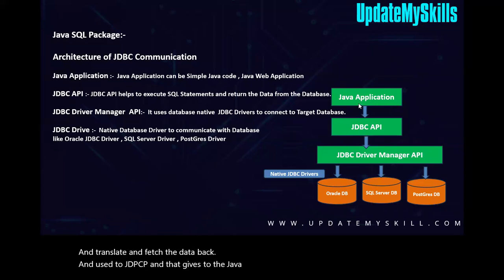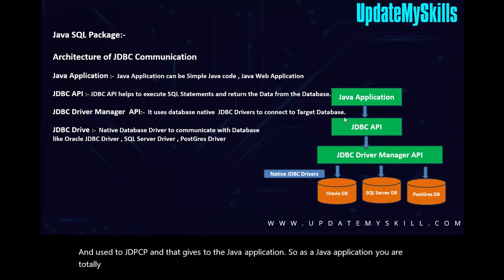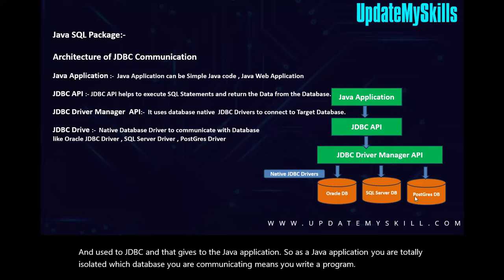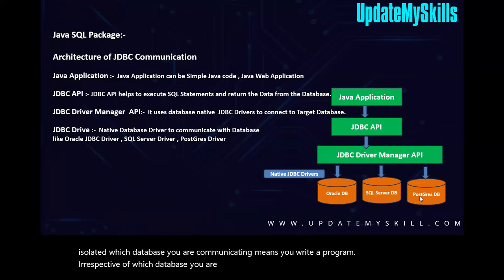So as a Java application, you are totally isolated from which database you are communicating with. You write the program the same way irrespective of the database, with complete isolation from the native JDBC drivers.